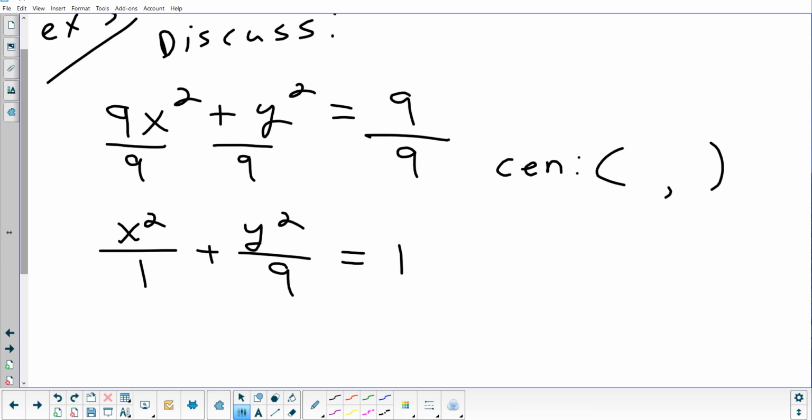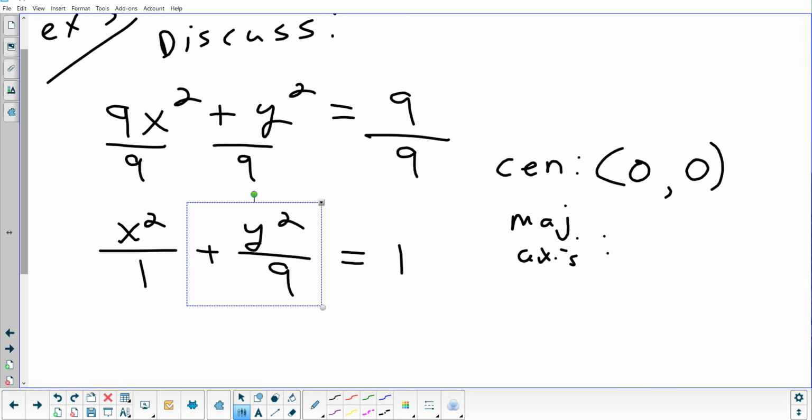Okay, what's my center in this one? Yeah. 0, 0. So you start seeing pluses and minuses next to the x and the y. The center is 0, 0. How about the major axis?